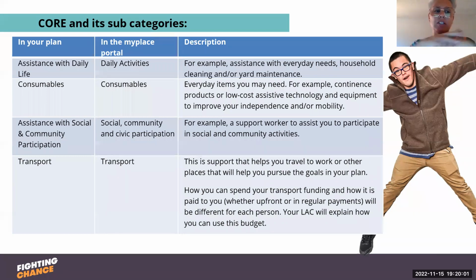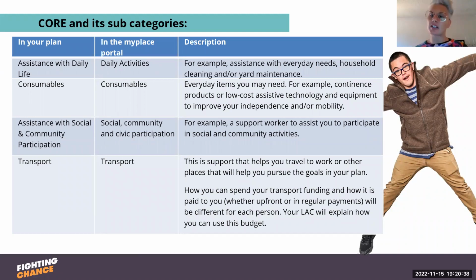The next budget is your consumables, and it's the same in the My Place portal and in your plan. And that's for low cost assistive technology. So low cost assistive technology is your off the shelf, low risk and low cost items, which is considered anything under $1,500. And usually your OT or your physio or someone in your support team or a support provider may recommend a certain item.